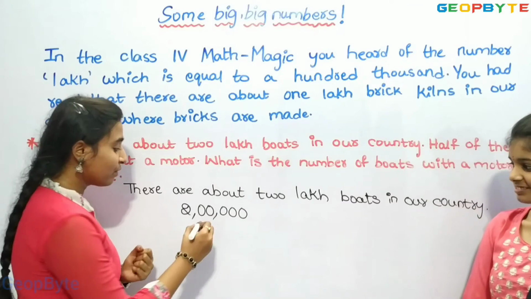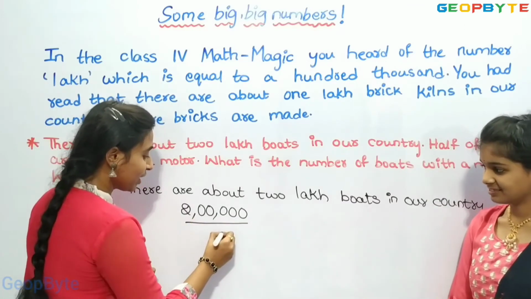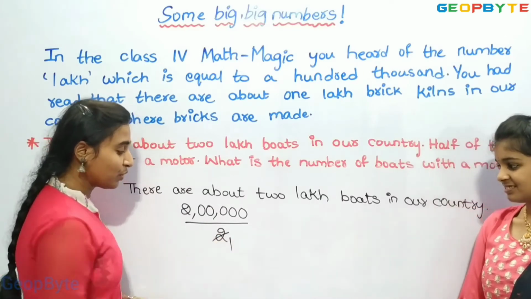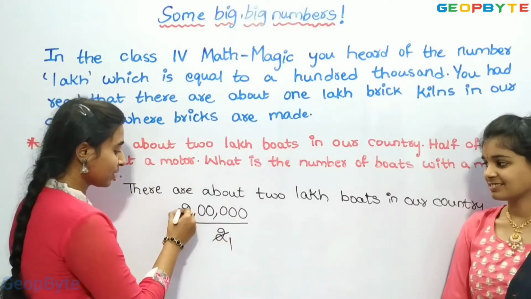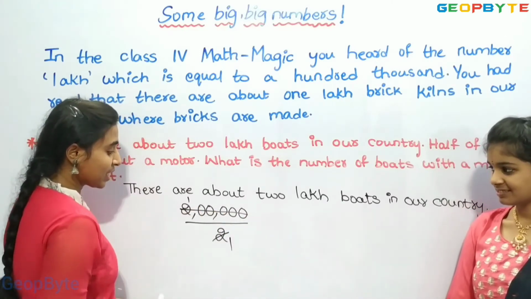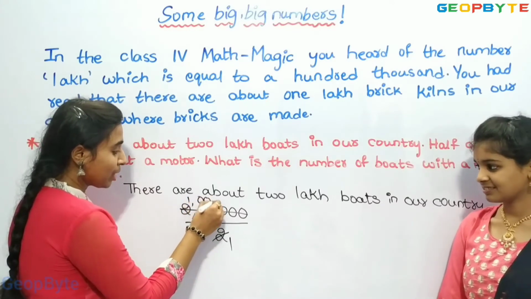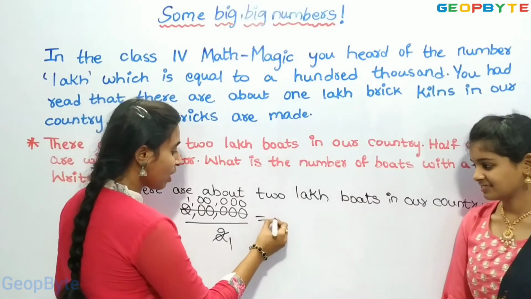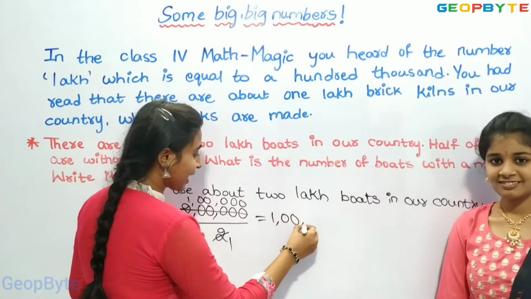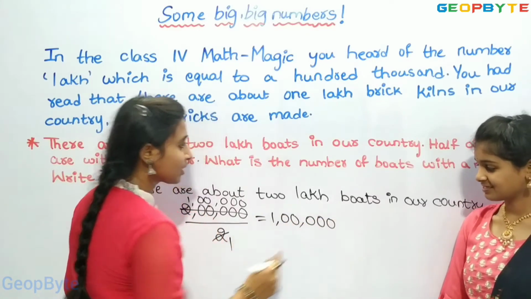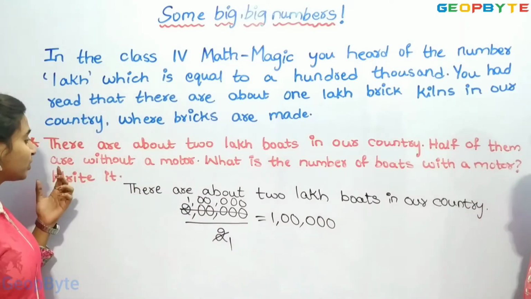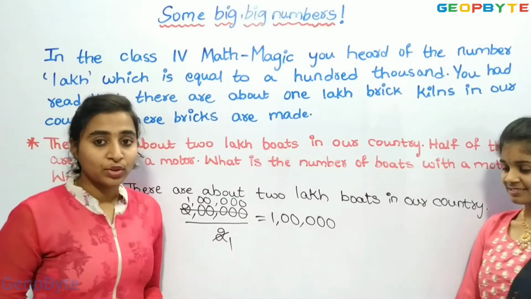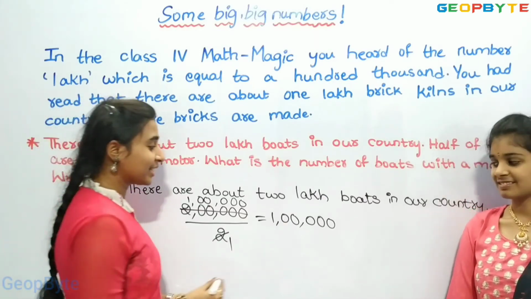Half means we need to divide with 2. Now, 2 ones are 2. Remaining zeros write as it is. So, we got 1 lakh. So, children, half of them are without a motor. So, 1 lakh boats are without a motor.